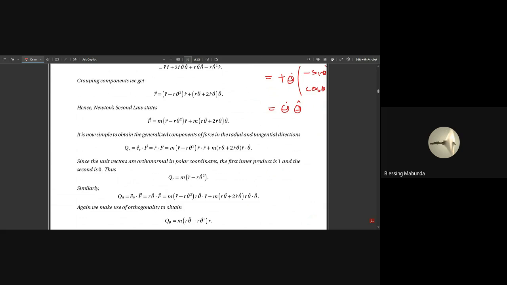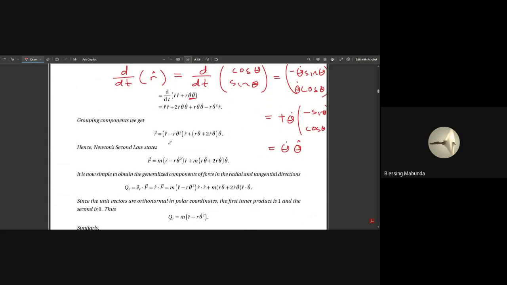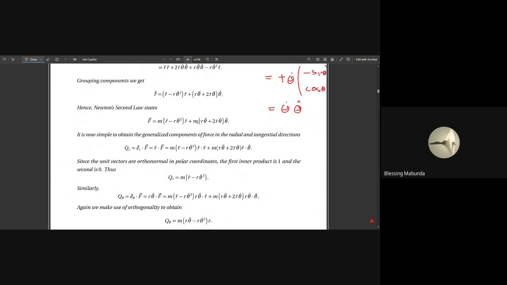Does anybody have any questions so far? All right, no questions. And since that's the definition of acceleration, our r double dot, that means that that's m multiplied by r double dot.